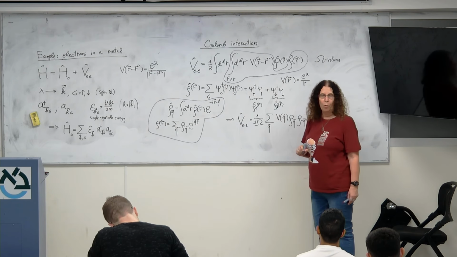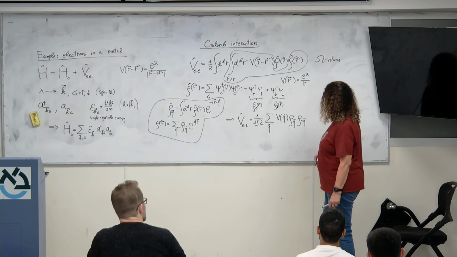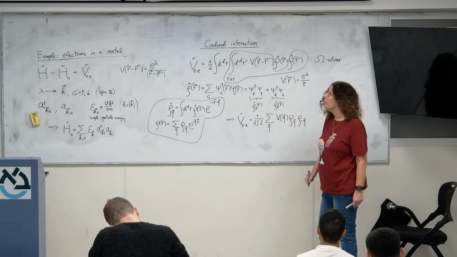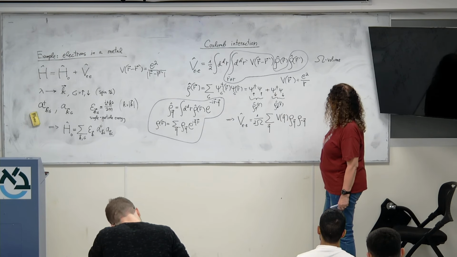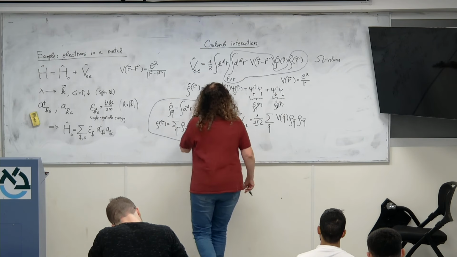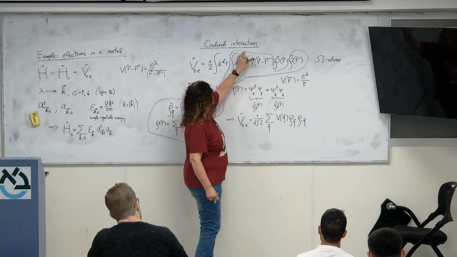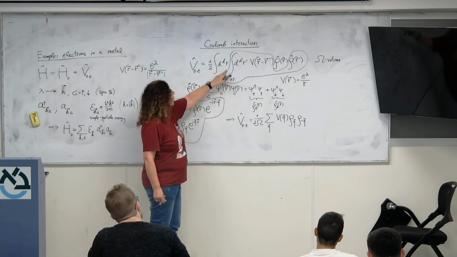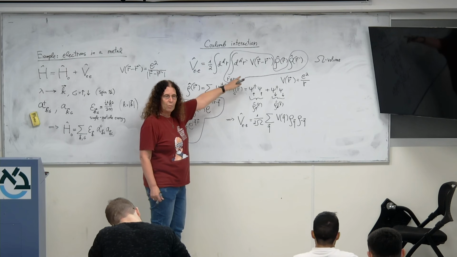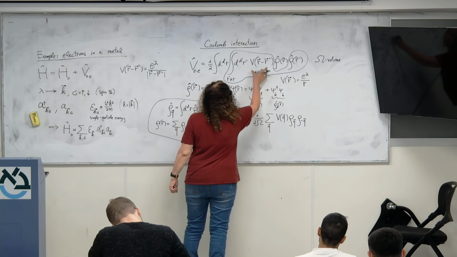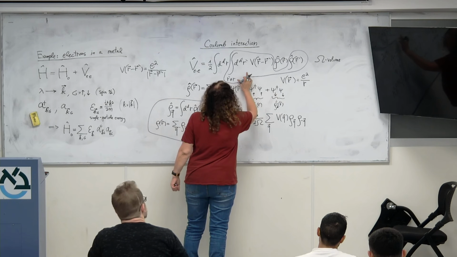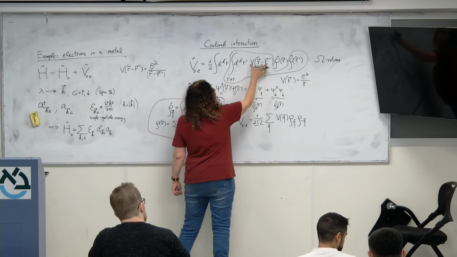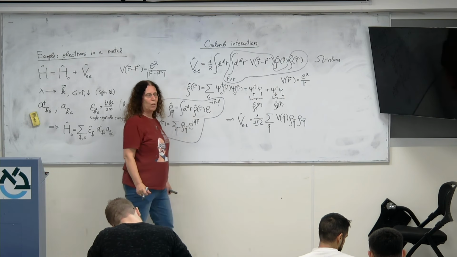Now here I owe you an explanation. First of all, this just comes out of the algebra. You can rewrite this integral as the zeroth Fourier component of V times rho, the convolution.